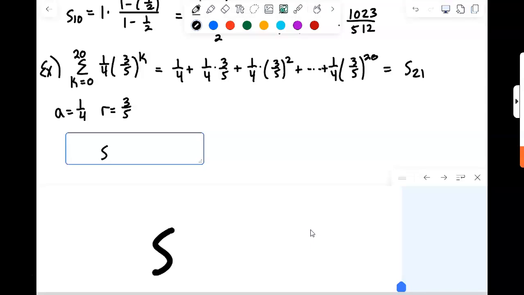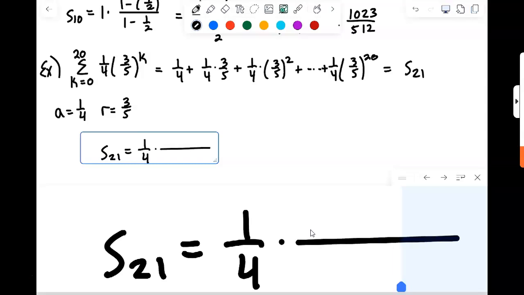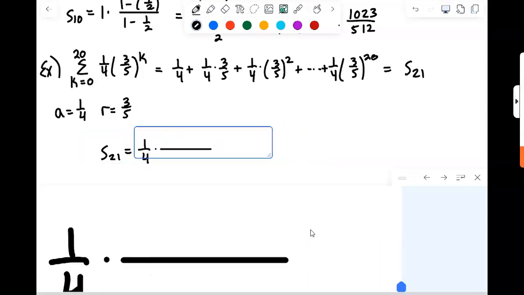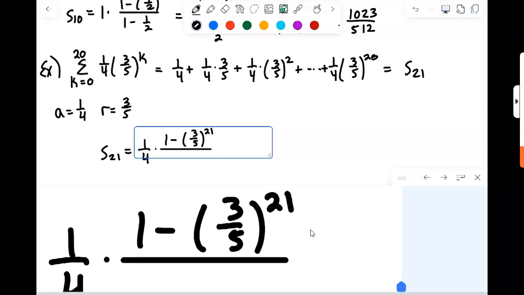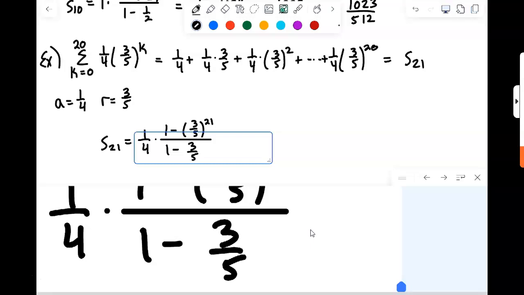So S sub 21 is going to be 1/4 times 1 minus r to the n, 1 minus 3/5 to the 21st power, and that's divided by 1 minus 3/5.